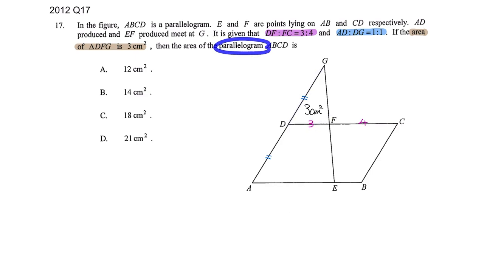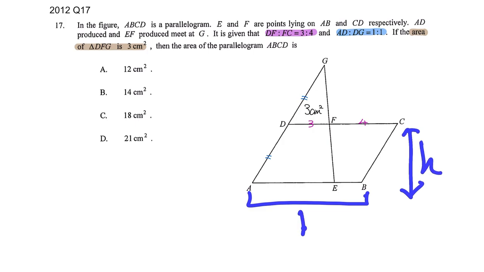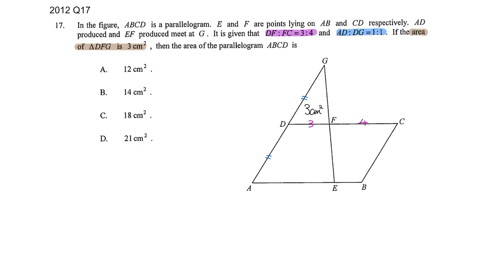Okay, now what do I need to find? I need to find a parallelogram area. How do we find area of a rectangle first? Rectangle, the normal shape rectangle is length times width. Parallelogram is similar. You need to have your base and then you also need to have your height. So it will be base times height. Do I need to divide by 2? Of course, no. You don't need to cut.